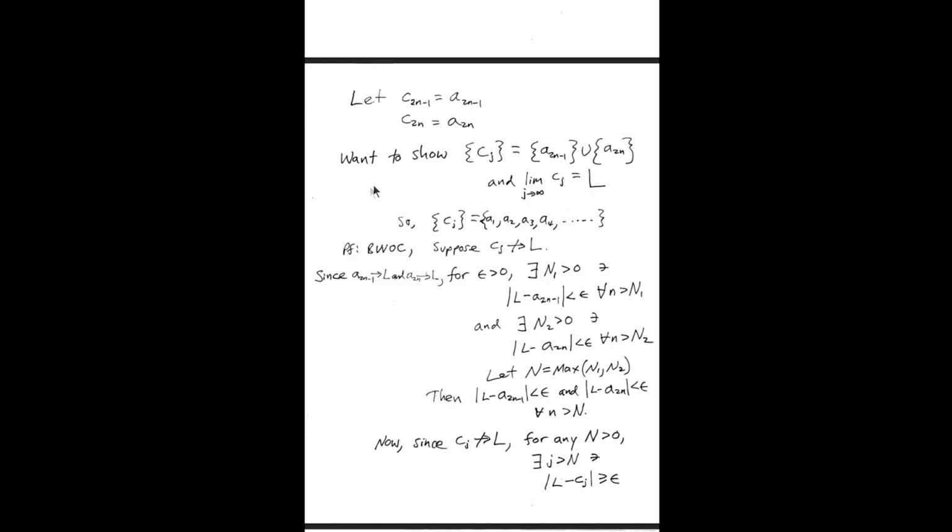All right, let's go to the proof. By way of contradiction, let's suppose that our C sub j does not approach L. Okay, well, what we know so far from before is that since A sub 2n minus 1 approaches L and A sub 2n approaches L, we can say that for epsilon greater than 0, there exists a capital N sub 1 greater than 0 such that the absolute value of L minus A sub 2n minus 1 is less than epsilon for all small n greater than capital N1.